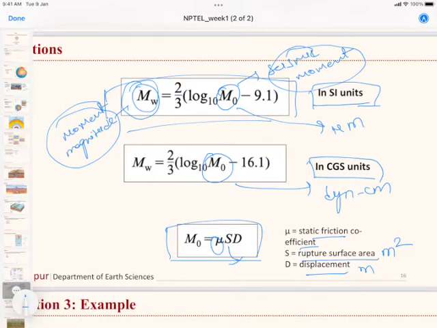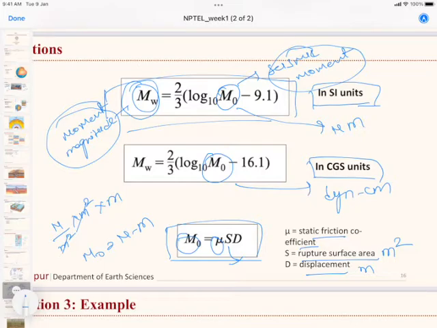If you solve this relation, you can also calculate the unit of M naught, because the rigidity or friction coefficient is in Newton per meter square, the area is meter square and displacement is in meter. So M naught will be in Newton meter.